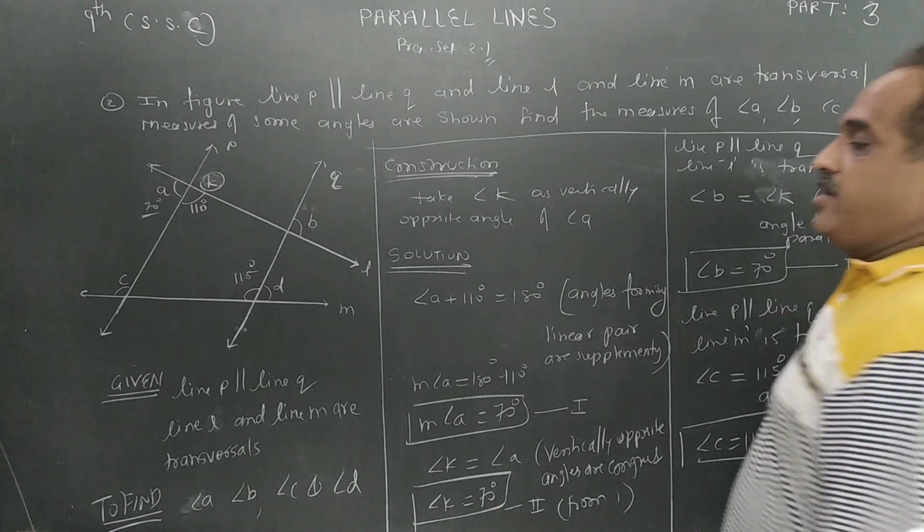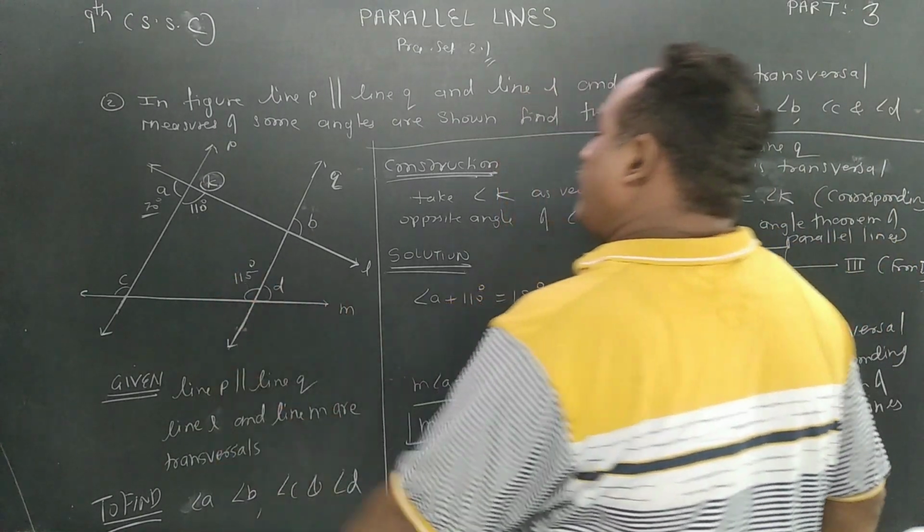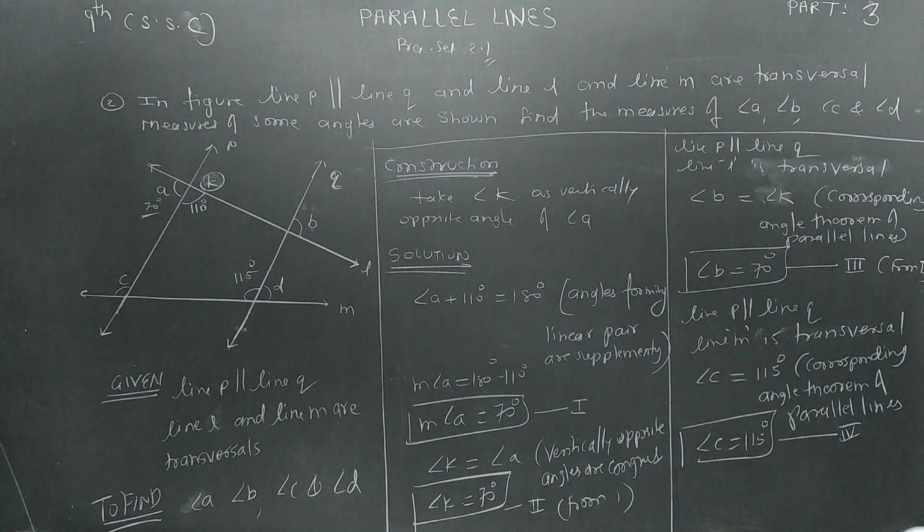Now what is left? Angle D. What is the relation between angle D and 115? That is angles forming linear pair. What am I going to write? Angle D plus 115 degree is equal to 180 degree. And reason what you are going to write? Angles forming linear pair are supplementary.